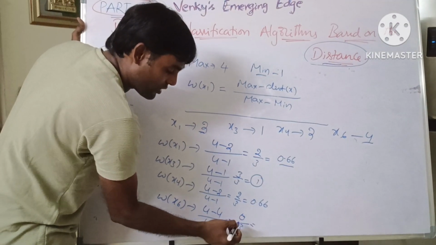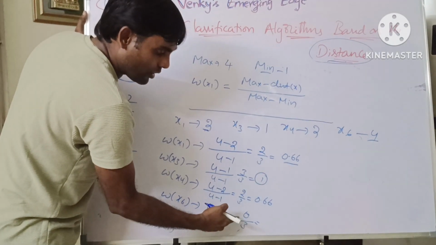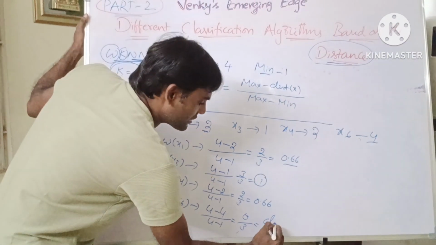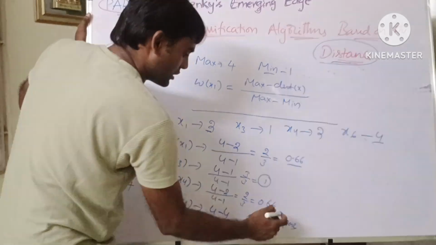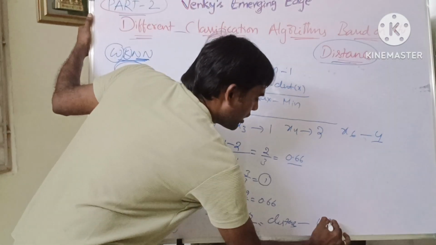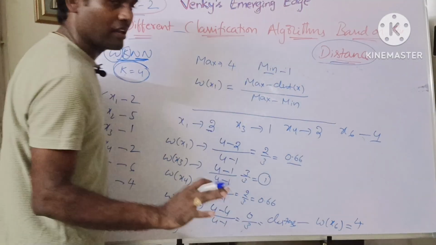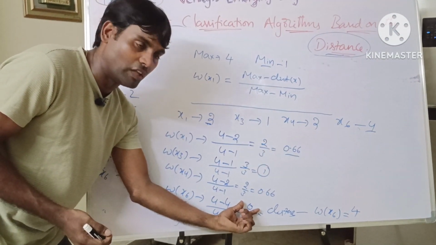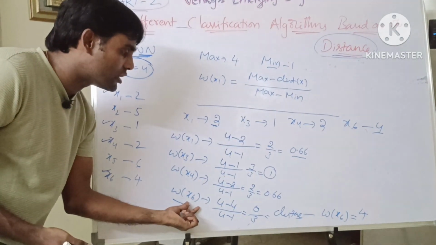But whenever the numerator value equals 0, then the weight is equal to the distance. What is the distance of x6? 4. So that's why the weight of x6 equals 4 only. Is it clear? Only whenever the numerator value equals 0, then the data item weight is equal to the distance.